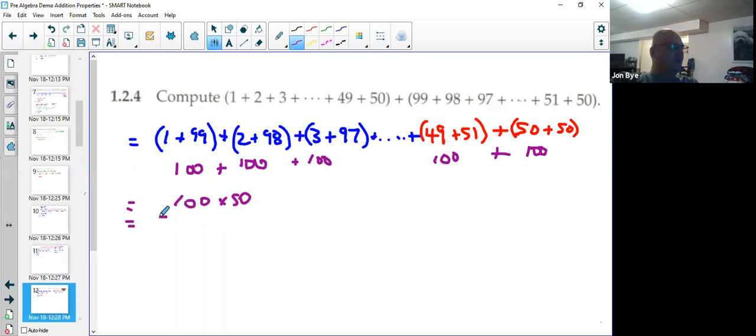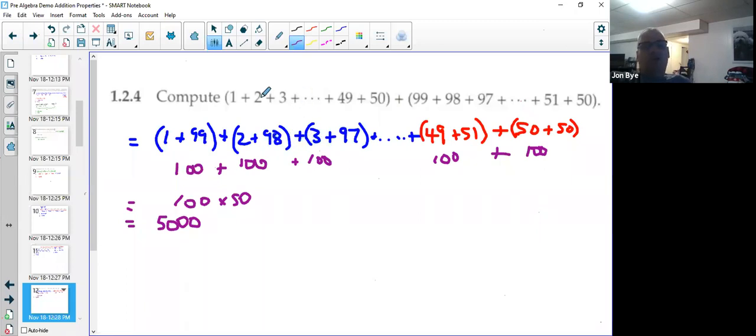You're back with 5,000 as an answer, Evan. Thank you. 5,000. Good. So again, when we're dealing with addition problems and we don't want to use a calculator, we can look for patterns. We can apply the associative property and the commutative property to regroup things.